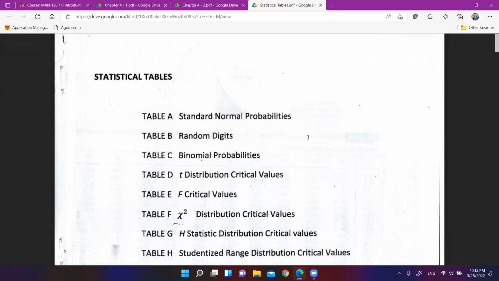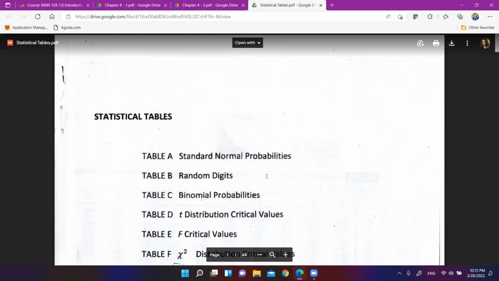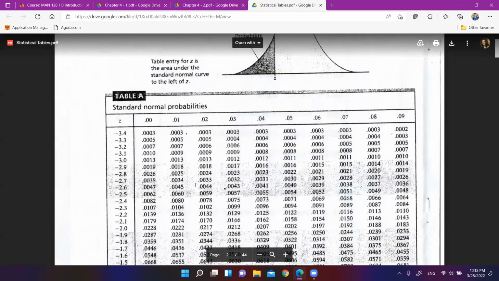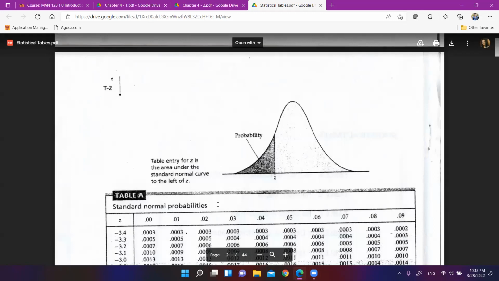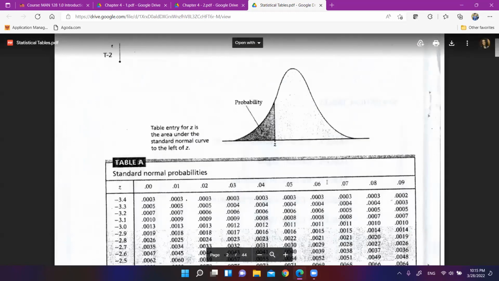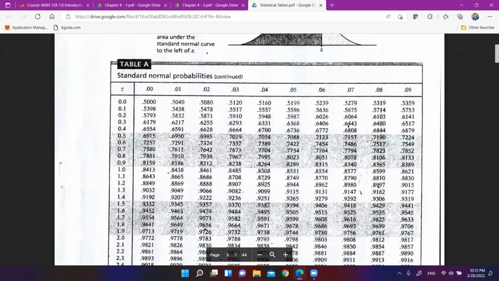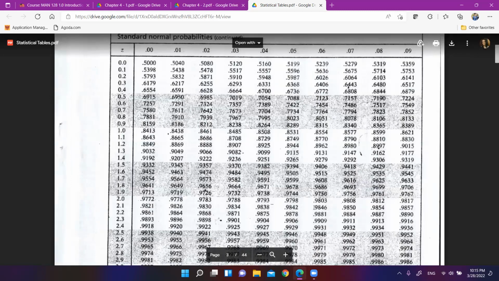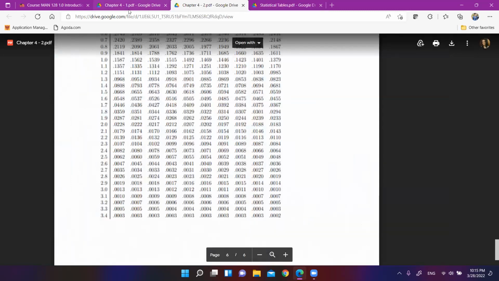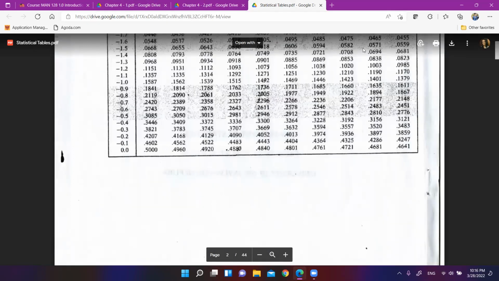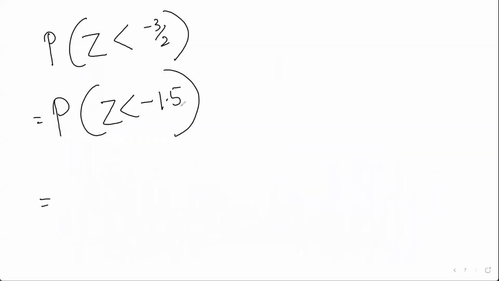You should be able to understand and use each of them. This table book has many tables, so you have to scroll down and get the standard normal probabilities. Here there is one table, and here there is another table. Okay? So we are supposed to find this probability.